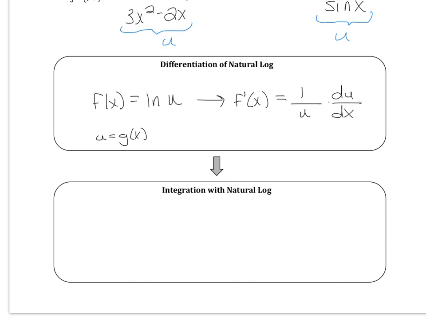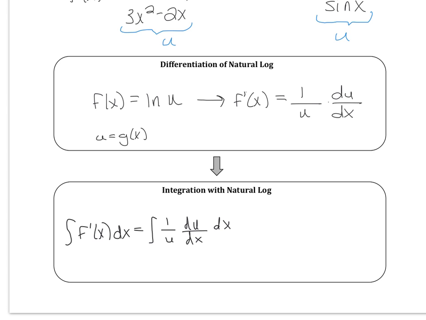And then from there, we can go to integration. Now let's suppose we were going to integrate the expression for f prime in the box above. If we integrate f prime with respect to x, that would be equivalent to the integral of 1 over u times du dx, and then dx.